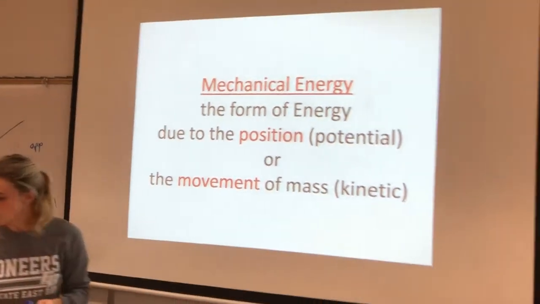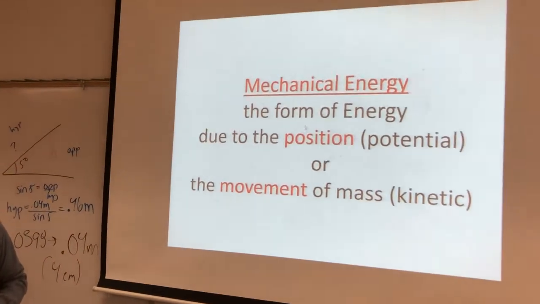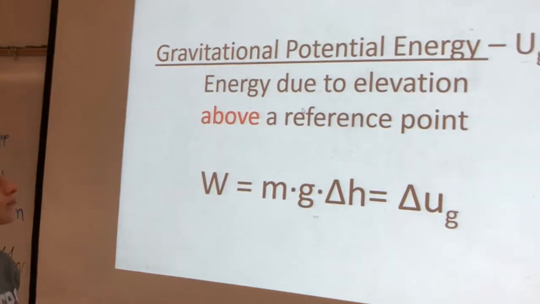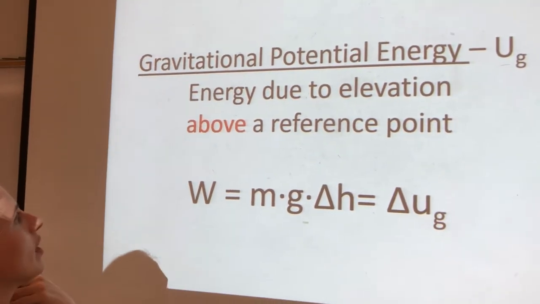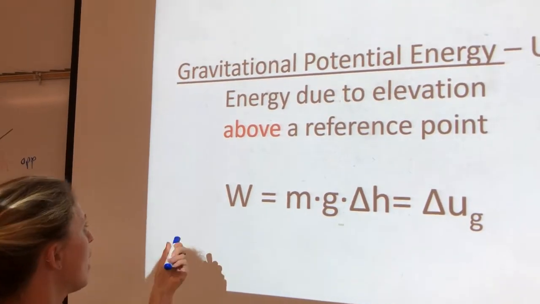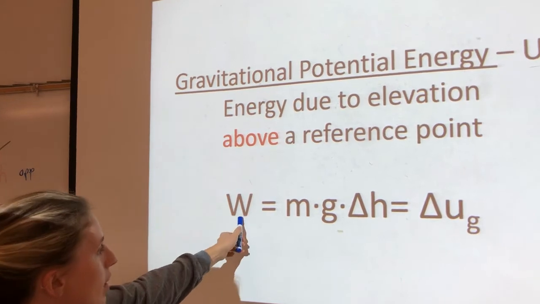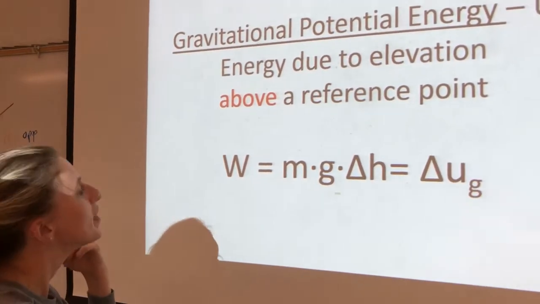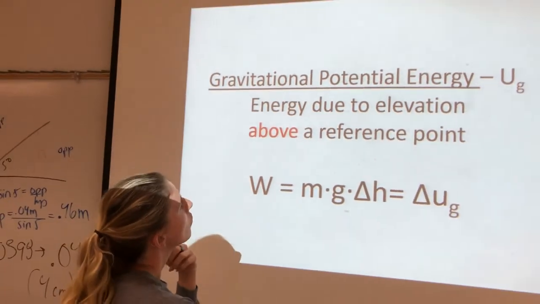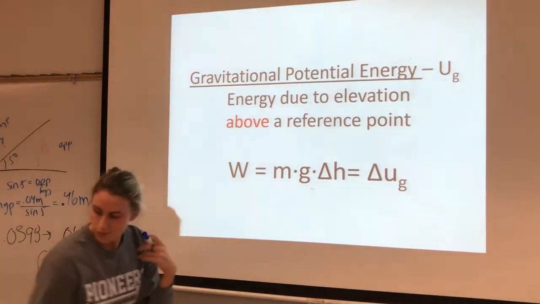You can't lose energy. Gravitational potential energy is due to elevation above a reference point, and we can use this equation: work is equal to mg delta h, and that gives me my UG. This is just reminding what we're dealing with.